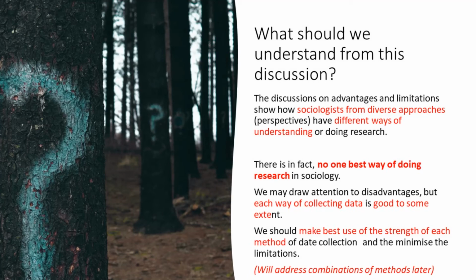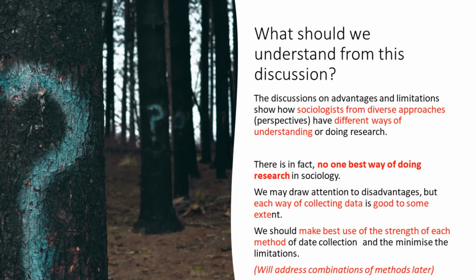The discussion on advantages and limitations shows how sociologists from diverse approaches or perspectives have different ways of understanding or doing research. There is in fact no one best way of doing research in sociology, and for that matter, even in the natural sciences. We may draw attention to disadvantages, but each way of collecting data is good to some extent. It depends on whether you are a positivist or an anti-positivist, and what the researcher wants to do with the data obtained.